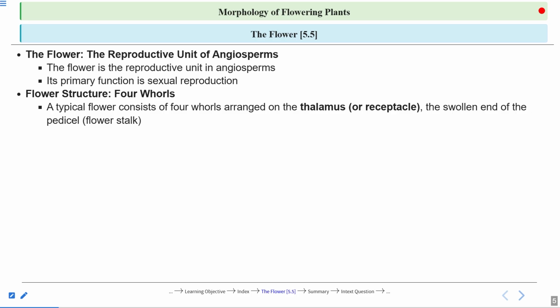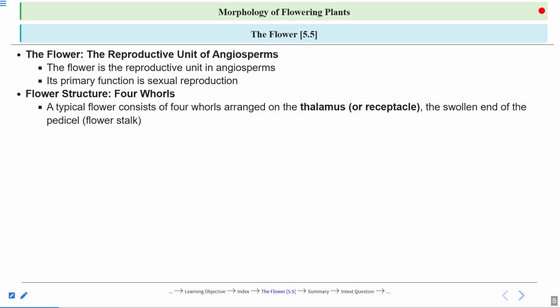A typical flower consists of four whorls arranged on the thalamus or the receptacle, the swollen end of the pedicel, that is the flower stalk. There is a flower stalk, and its distal end, the pedicel part, becomes swollen.